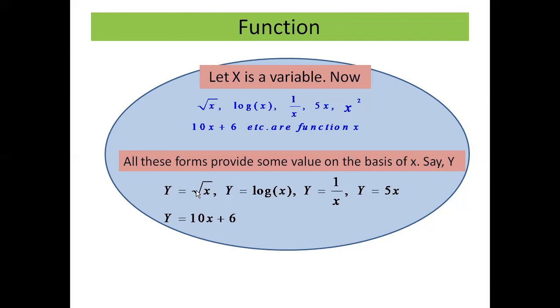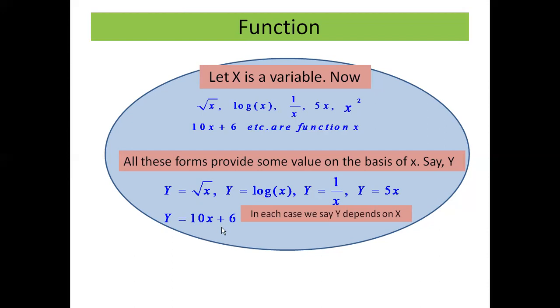Every time I am calling it y, you can use another variable's name also. You can say z, w, y1, y3, like that, to make clear that this y and that y are not equal, but I have taken a similar notation. In each case, we say that y is the dependent variable and x is independent.